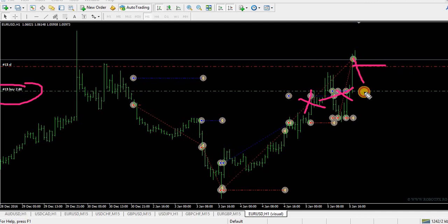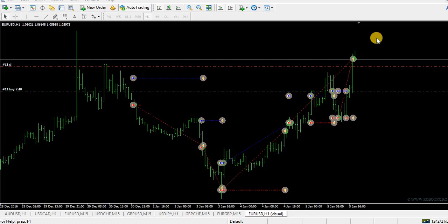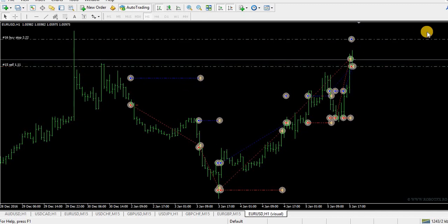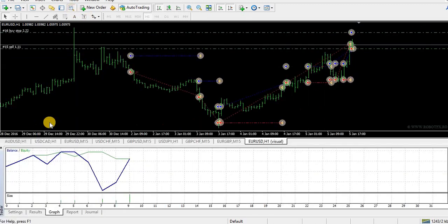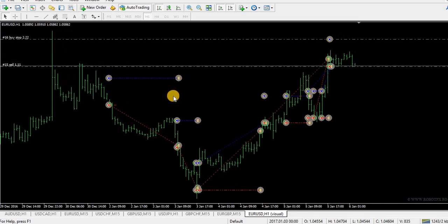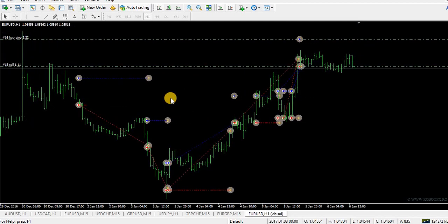So if the price drops down, we will not lose too much, or maybe we'll lose nothing with the right settings within the expert advisor, the right settings about trailing stop and trailing step and the minimum profit. We lost a little, I think. Let's see one more if it will happen again.